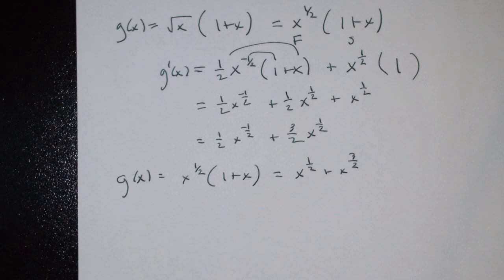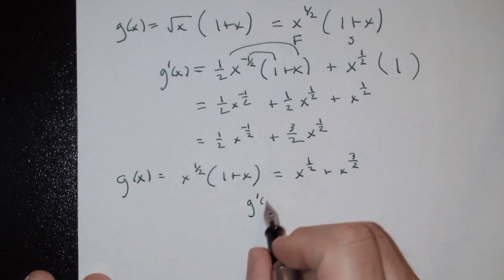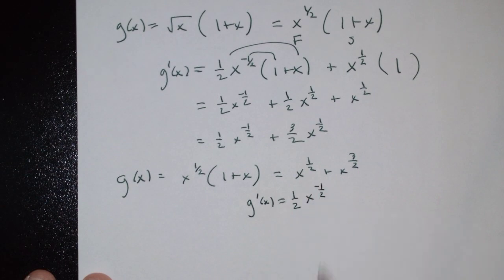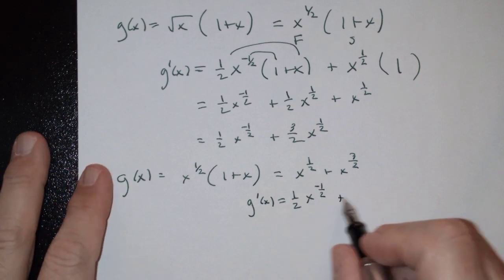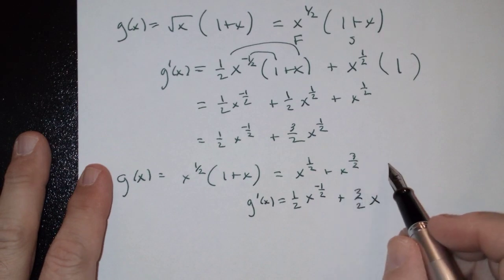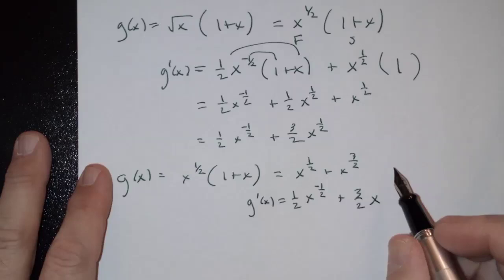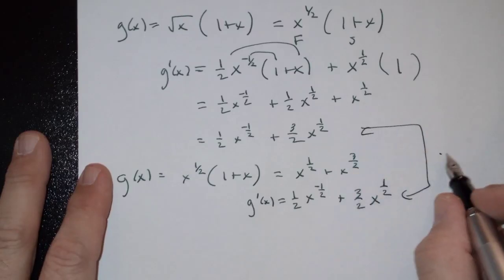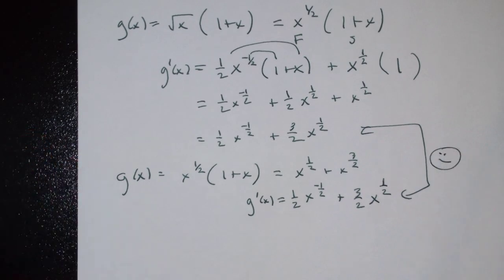Now just take the derivative of the power rule, and I see 1/2 x to the negative 1/2 and 3/2 x to the 3/2 minus 1, 3/2 minus 2/2. Those match.